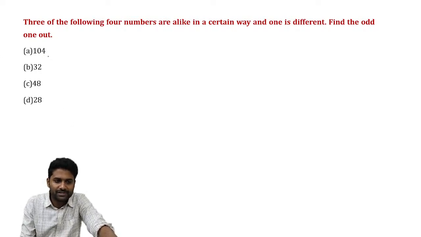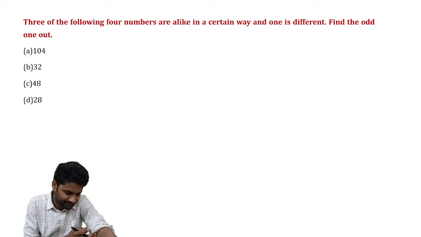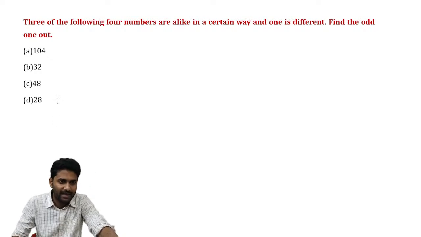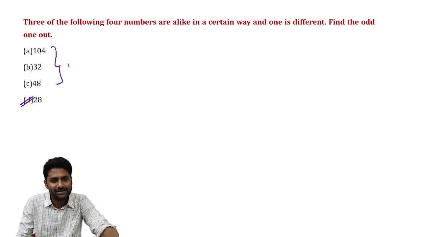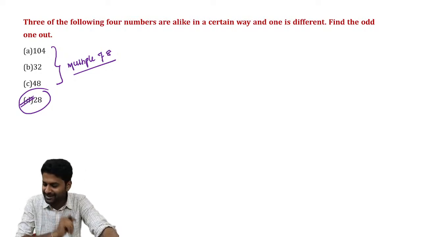Now if you observe 104, 32, 48 and 28, three are similar, one is different. What is that? Except 28, the remaining three are multiples of 8 and exactly divisible by 8. But 28 you never get in the 8 multiples. That's why 28 is the odd one.